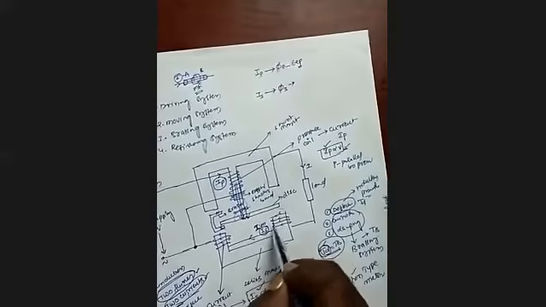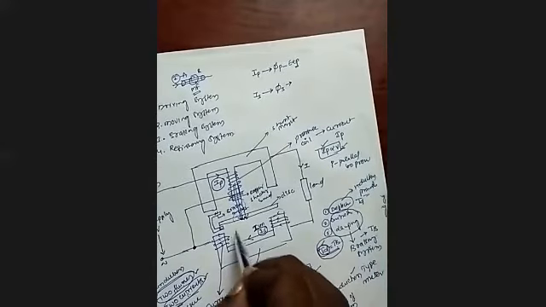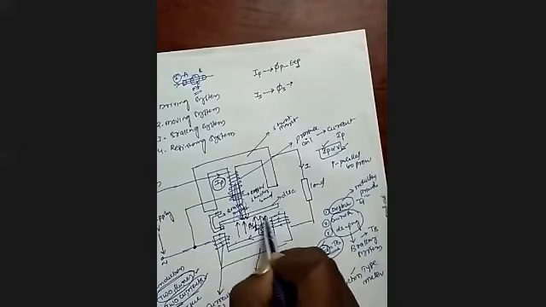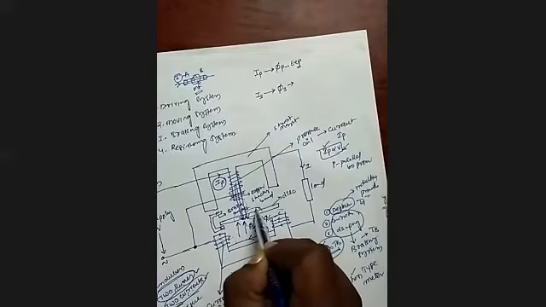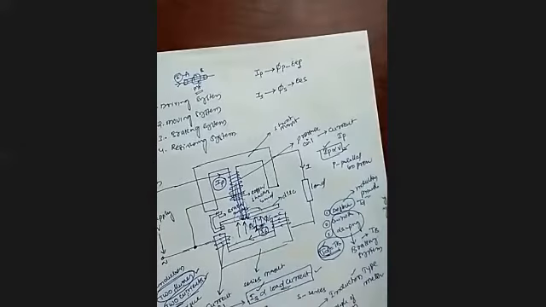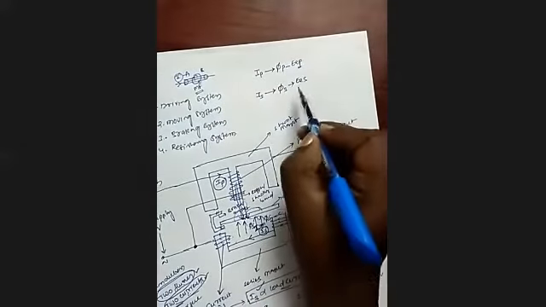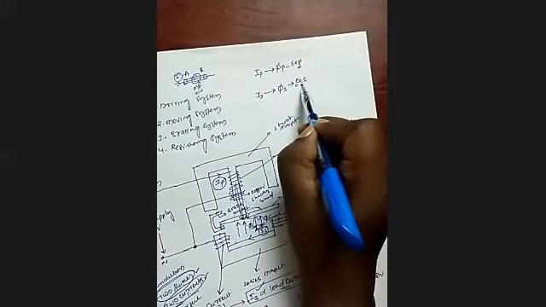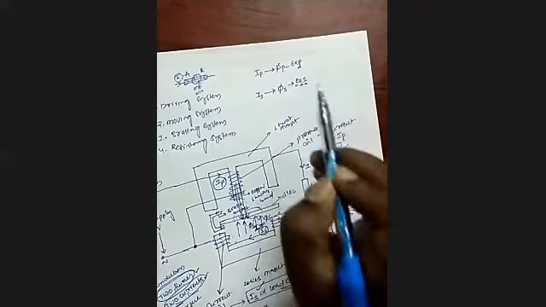Similarly, the current coil flux phi s interacts with the aluminum disc, and due to this flux some EMF is also induced in the disc. That eddy induced EMF is represented by Es. Here capital E is the EMF, small e is the eddy, and s is the series coil flux.